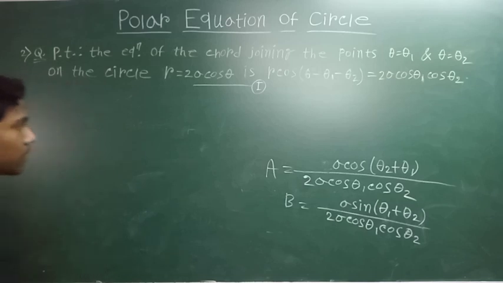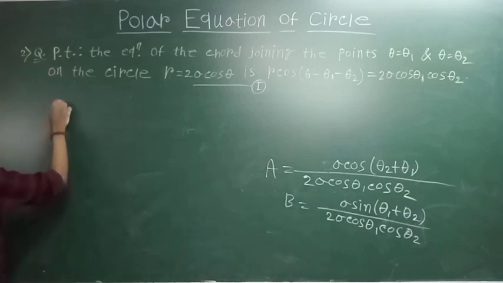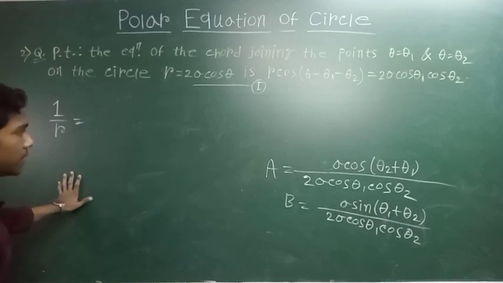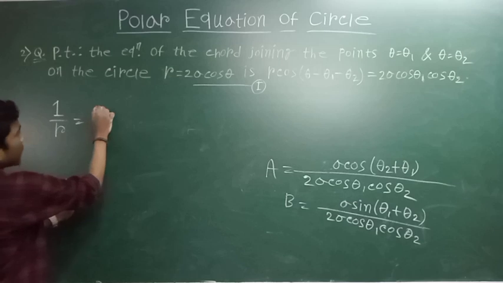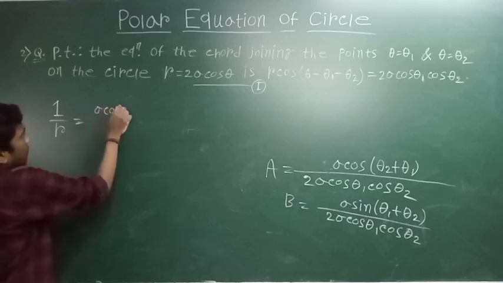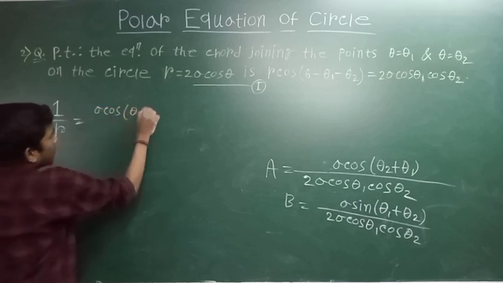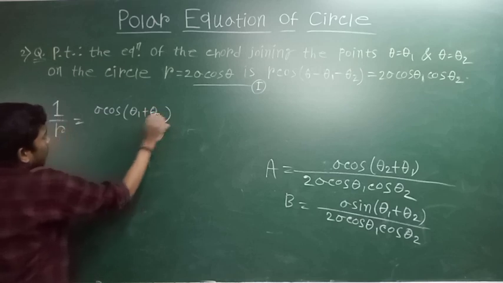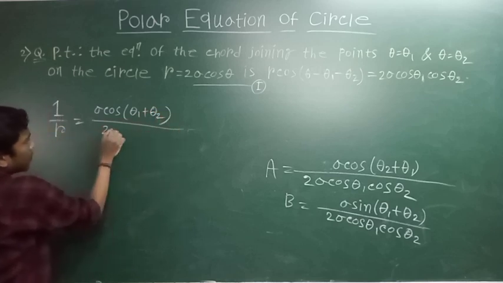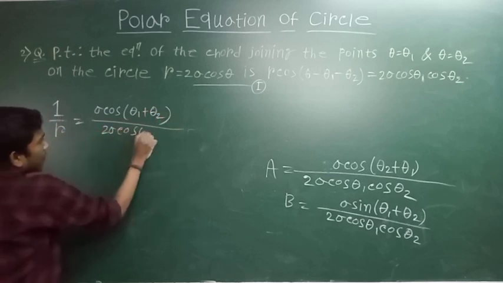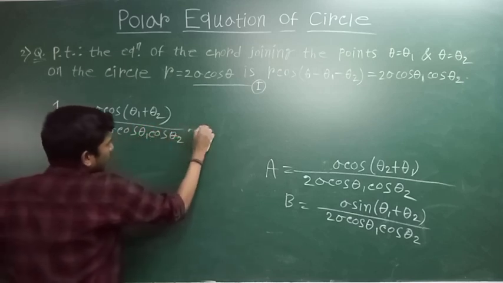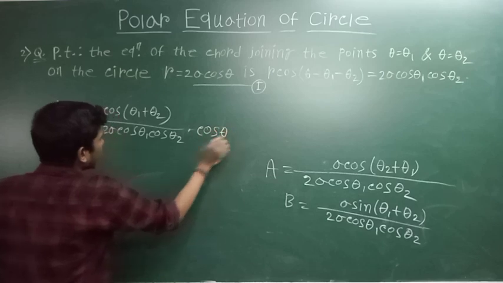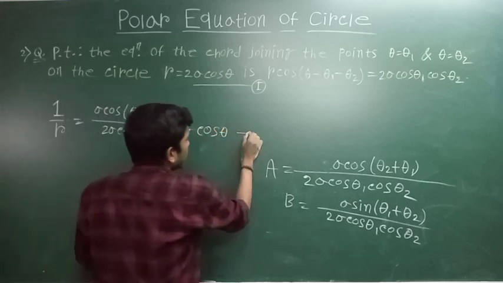So the equation of the chord is 1 by r is equal to A cos theta plus B sin theta. Instead of A, we will write a cos (theta 1 plus theta 2) divided by 2a cos theta 1 into cos theta 2, into cos theta.